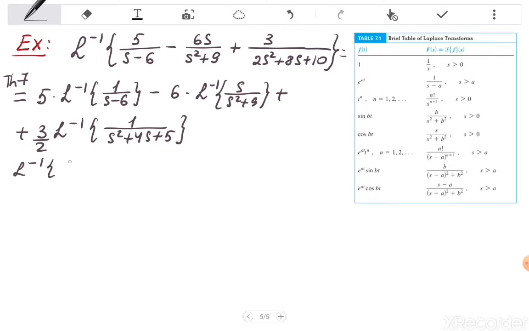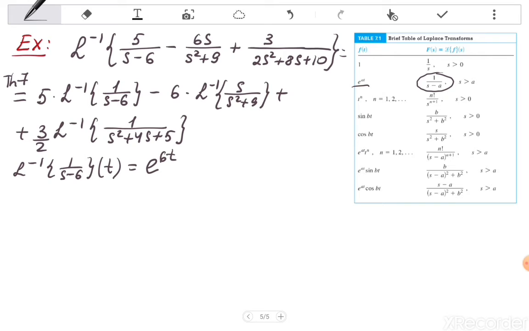So L inverse of 1 over s minus 6 at a point t. Again we use the table, and we see the formula which is similar to this, 1 over s minus a. This is the Laplace transform of e to the at. So this is e to the 6t, since a is 6 in our case.